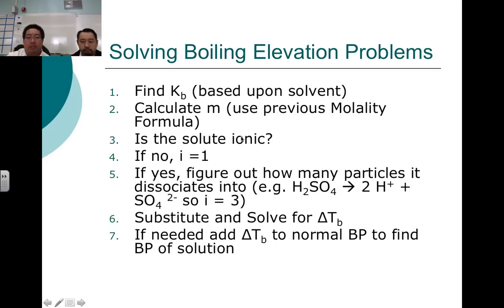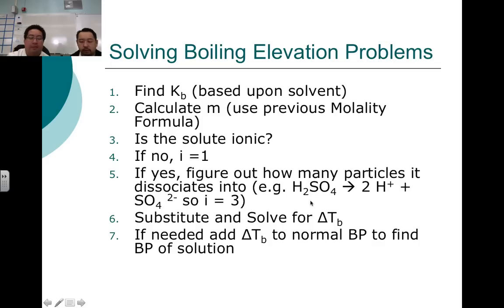Okay, so how will we do this? We'd find the Kb. Again, this is a constant we would look up or would be given to you. We might have to calculate molality, so you have to look at the previous stuff from before. Is the solute ionic? This will help us figure out the Van't Hoff factor, or what i is. If the solute is not ionic, i is automatically equal to 1. If yes, then we have to figure out how many particles the solute dissociates into.